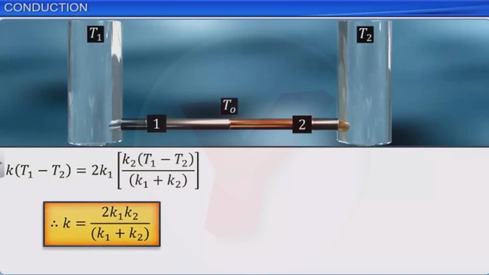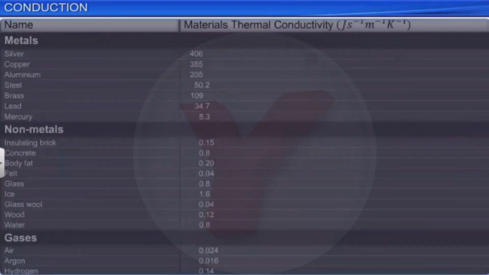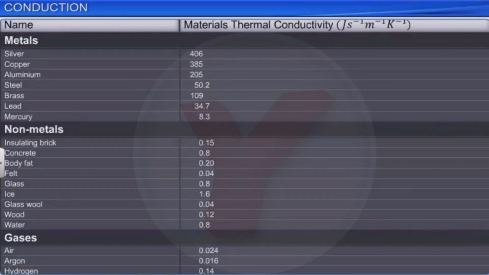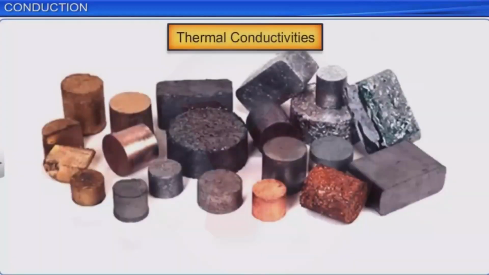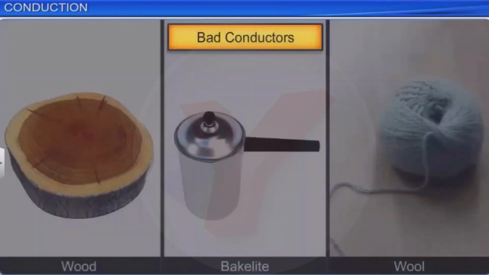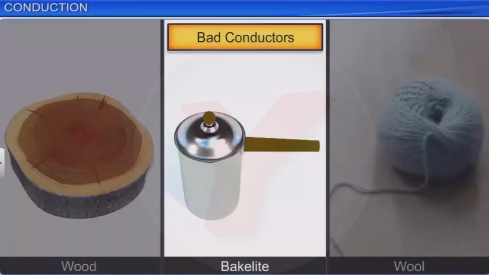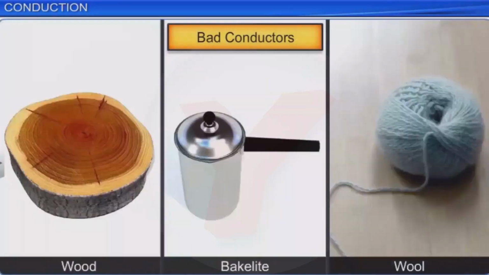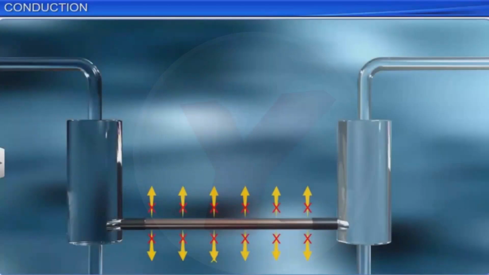The table shows the thermal conductivities of some materials. Metals have very high thermal conductivities and hence conduct heat rapidly. Materials like wood, bakelite and wool are bad conductors. When loss of heat by conduction is to be restricted, the body must be surrounded by an insulating substance.